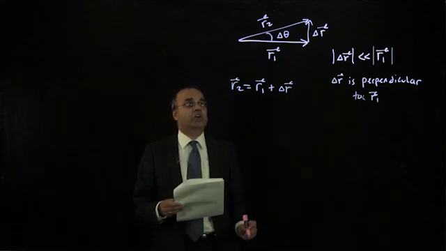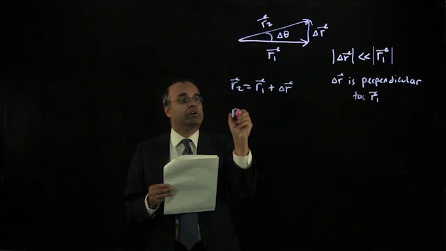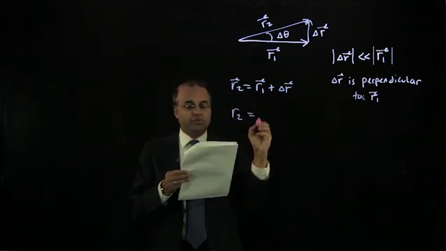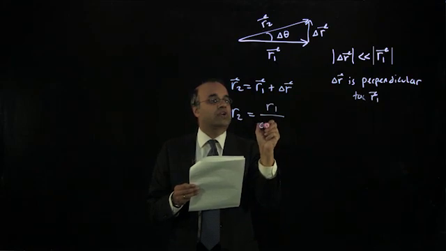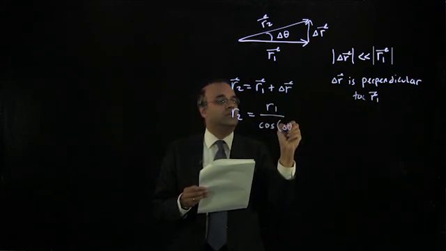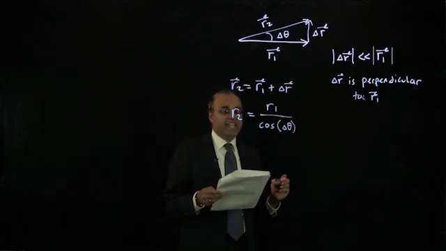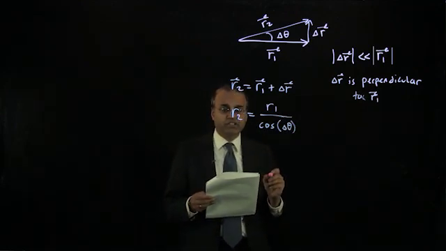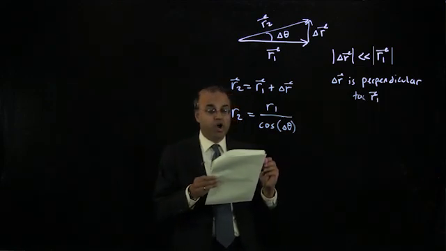And now a few things to note. First of all, this is a right triangle, notice that the length R2 is equal to R1 divided by the cosine of delta theta. But if delta theta is a small angle, then cosine theta is well approximated by 1.